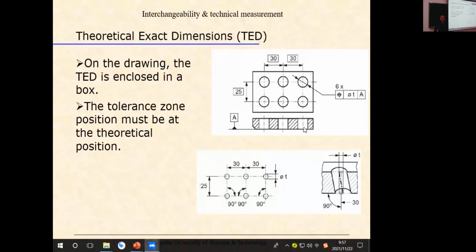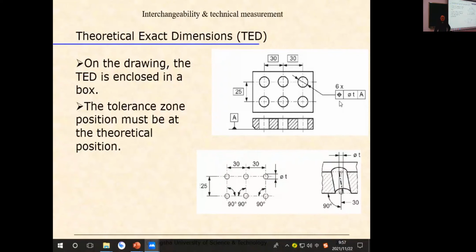And actually, I think this leads to datum B, like this surface, this datum, and can determine its position. But it just has a tolerance with respect to this surface.